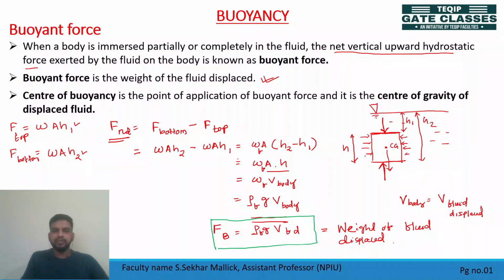Complete fluid is displaced, so the center of buoyancy and center of gravity will be the same point, because the fluid displaced is equal to the total volume of the body. So for a submerged body, if it is in equilibrium, then CG is equal to center of buoyancy. We will see later what is stability and what is equilibrium.